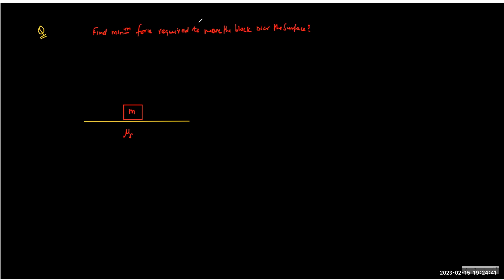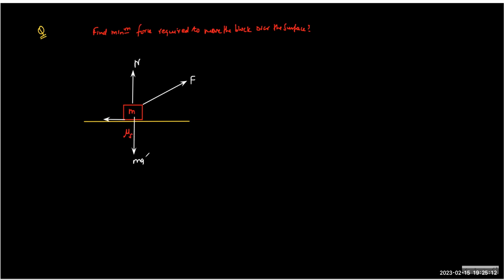Now I have no idea what will happen. One thing I know, if I'm trying to apply something like this somewhere here, the R vector. Let me first draw the forces: the normal, mg, friction.